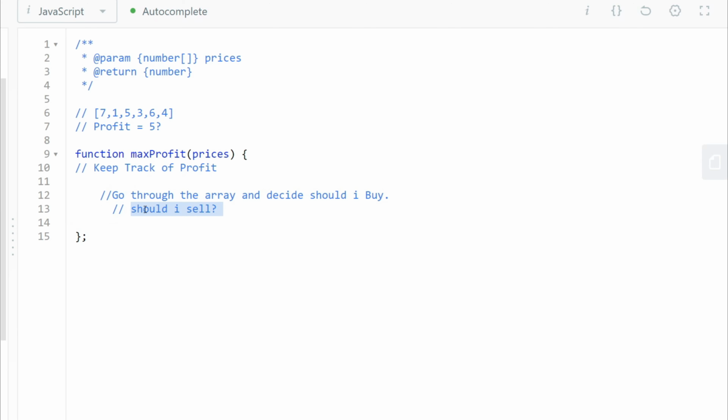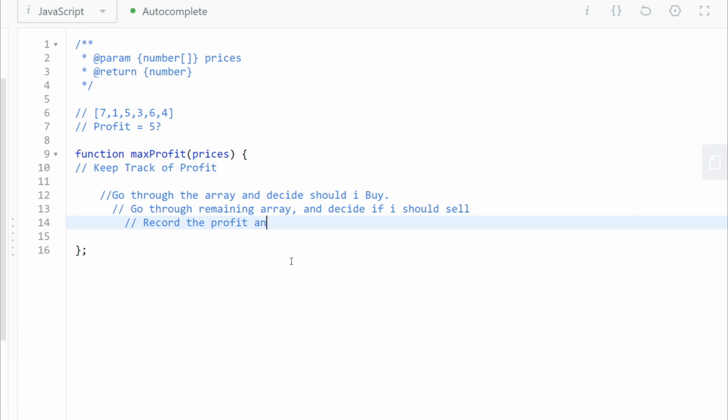And then I could go through the remaining array and decide if I should sell, right? And then, of course, over here somewhere, we're going to have to record the profit and see if my new profit is more than my memorized profit.